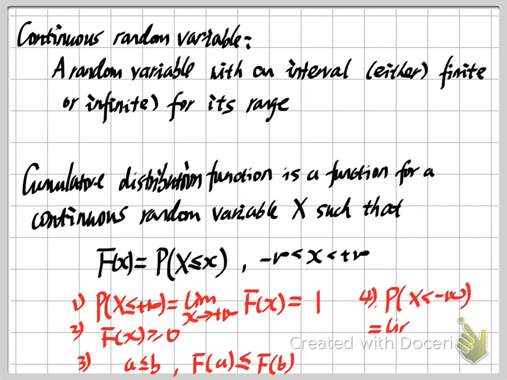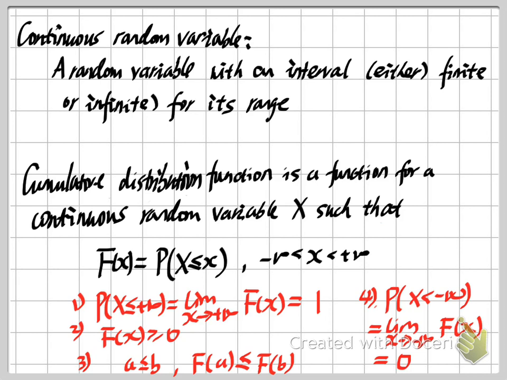So we can denote this by the limit of our CDF as x goes to negative infinity, and this should equal 0. Okay, so these are four important properties of our cumulative distribution function.